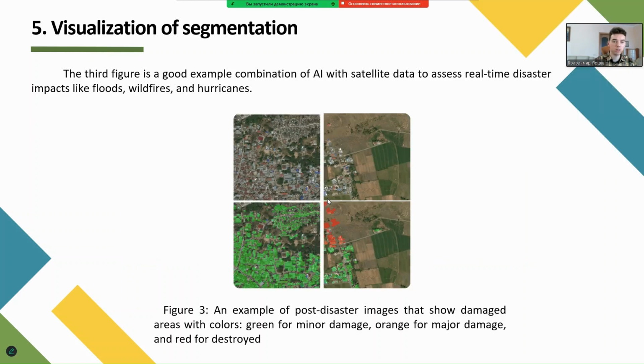The third figure is a good example of the combination of AI with satellite data to assess real-time disaster impacts like flood, wildfires, and hurricanes.